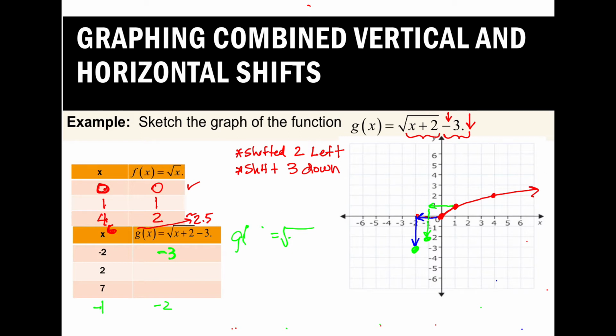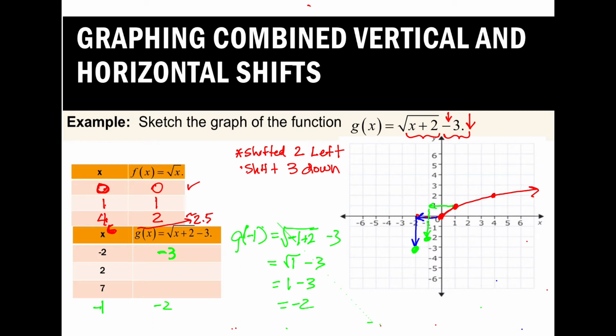We plug in -1. So that's -1 plus 2, square rooted, subtracting 3. -1 plus 2 is the square root of 1. And 1 minus 3 is equal to -2. So just like we suspected, -1 gave me -2, which is what we have here.